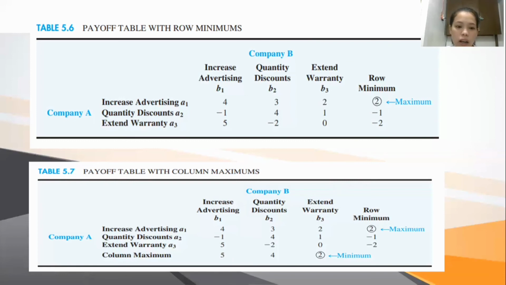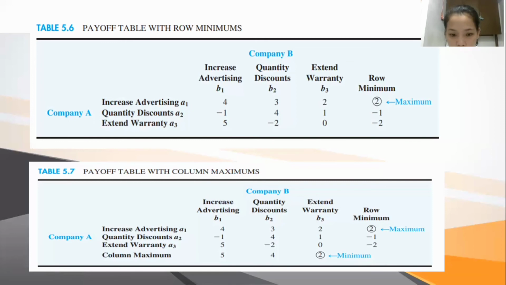So considering the entries in the column maximums, company B can be guaranteed that the decrease of the market share cannot be longer than 2%.